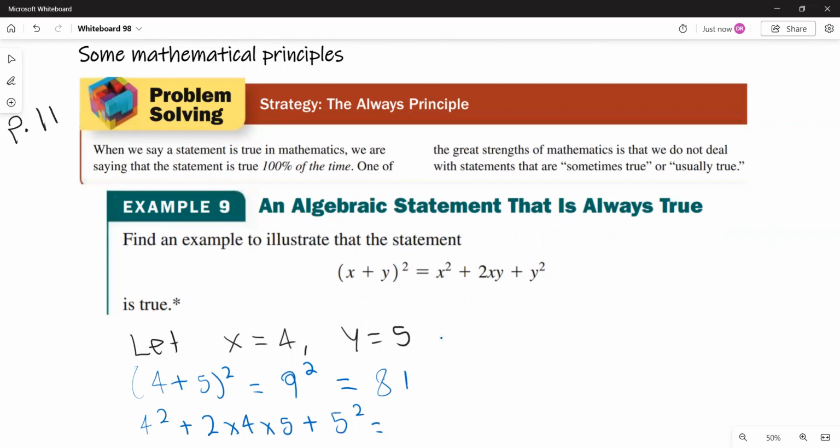So first we need to do the multiplications and then we're doing the sum. 4 squared is 16. 2 times 4 is 8. 8 times 5 is 40. And 5 squared is 25. So the sum is indeed 81.